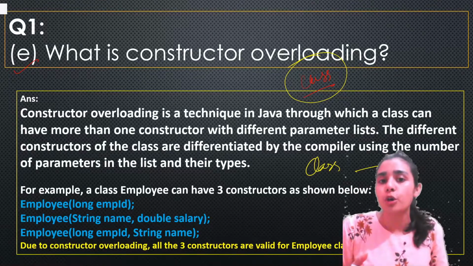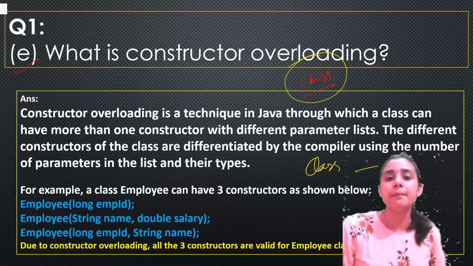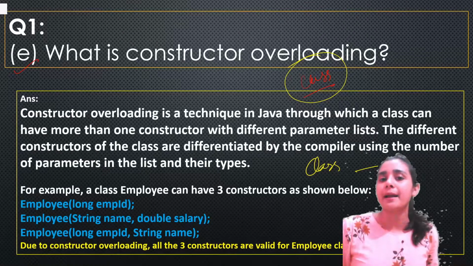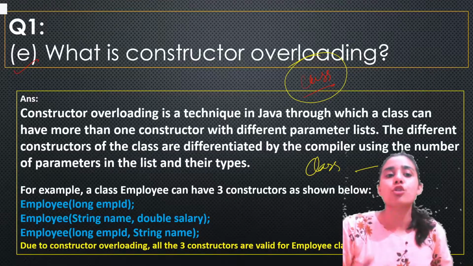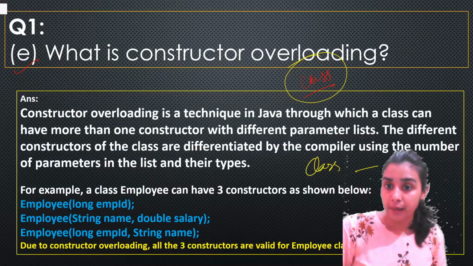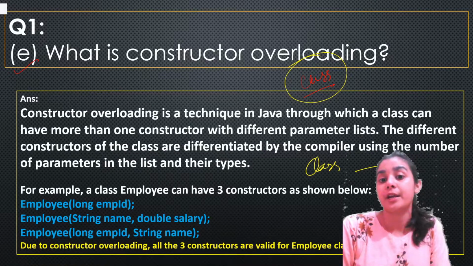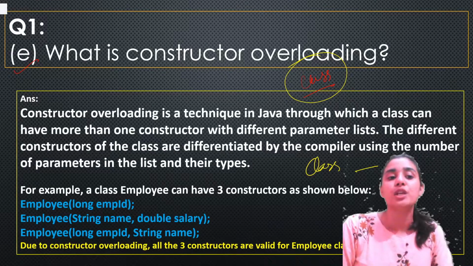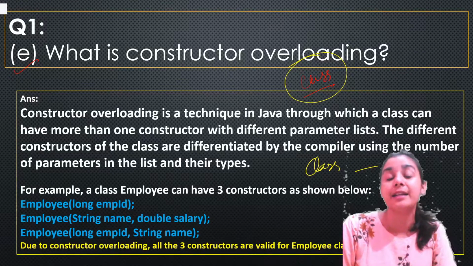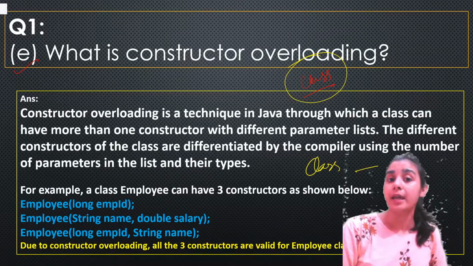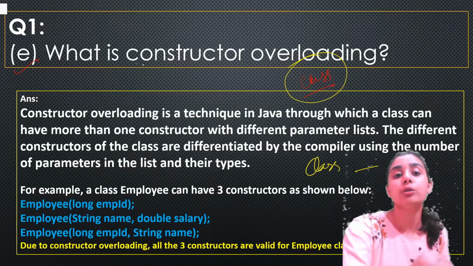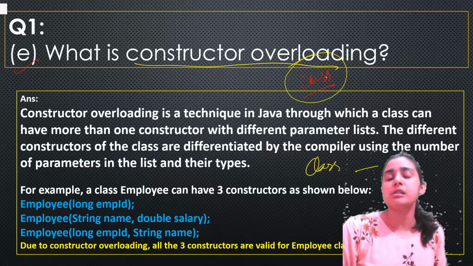And constructor overloading means the same name but with different parameter lists, so that is called constructor overloading. The different constructors of the class are differentiated by the compiler using the number of parameters in the list and their type. As we have already studied method overloading, this is the same as that.